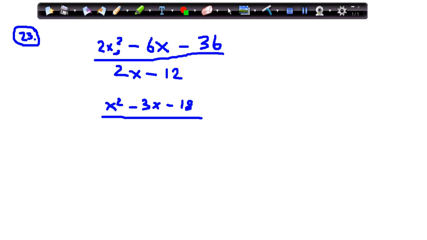Now, let me mention something here so you'll understand. When we're multiplying a negative 1 times a positive 3, the result is a negative answer, negative 3.